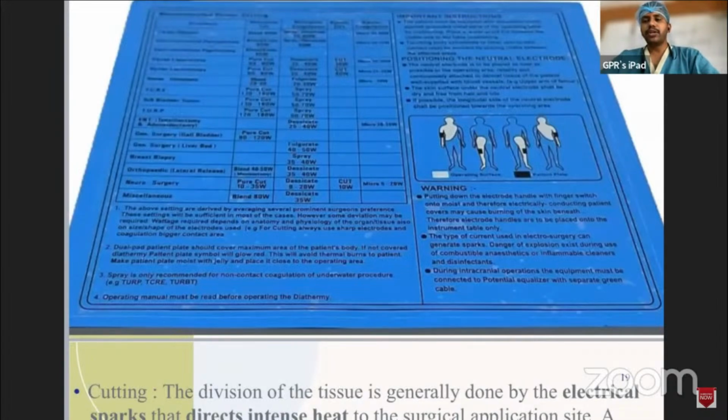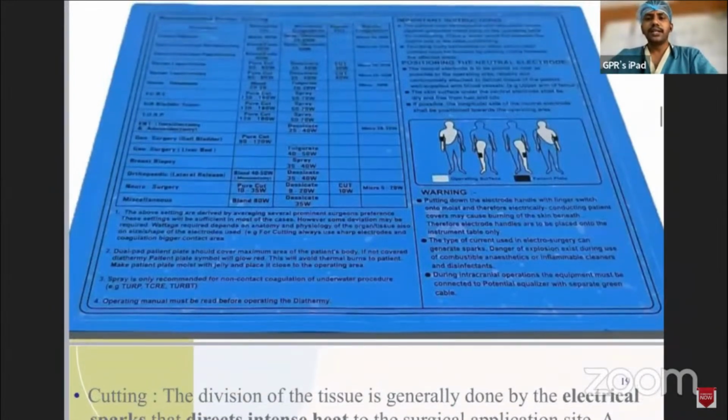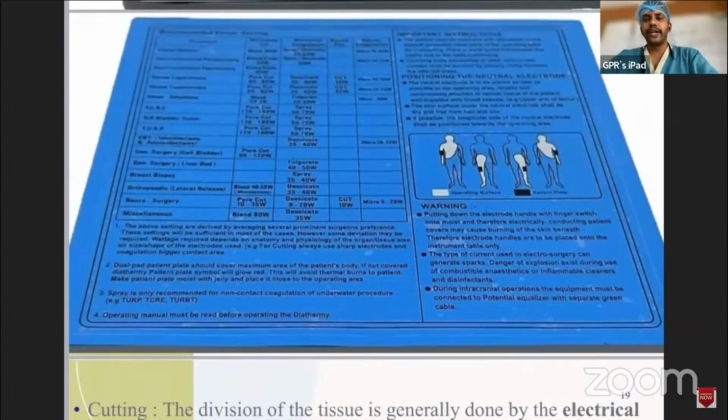If the unit is used on the lower part of the abdomen, it is better to keep the pad on the back. If it is on the upper part of the abdomen, it is better to keep it on the lower back. These figures are schematic diagrams of a person showing where the cautery pad can be placed, and this also tells us what amount of energy to use and what setting to keep.